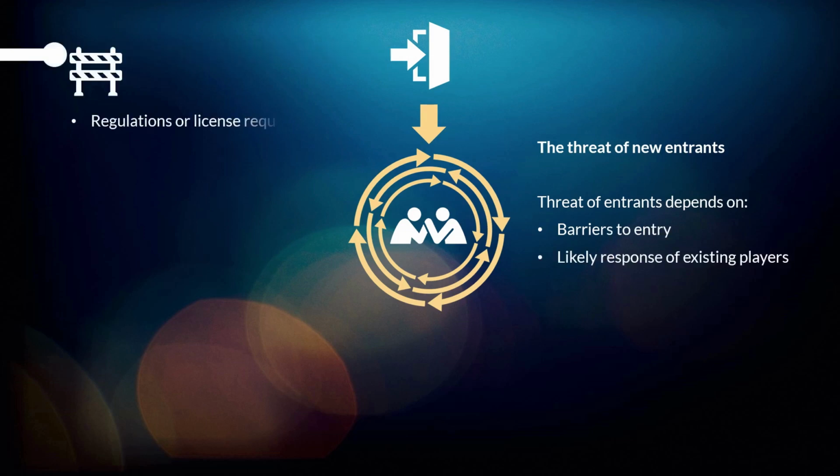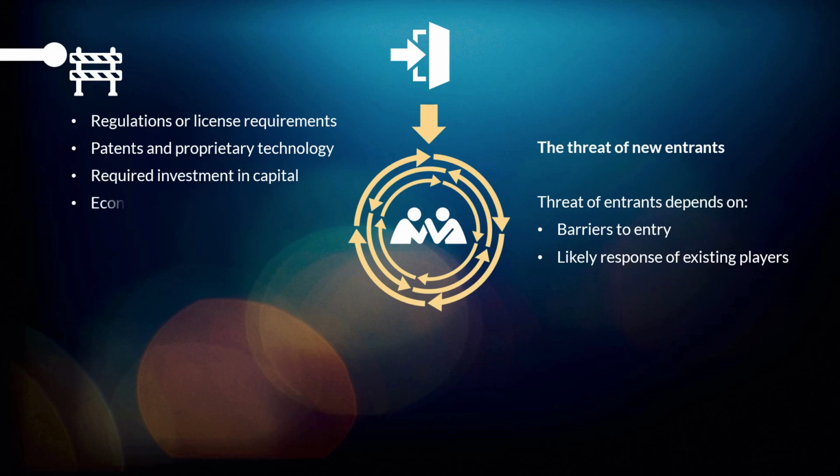Barriers can include regulations or license requirements, patents and proprietary technology, the cost of required equipment and facilities, or economies of scale in, for example, production or research and development.